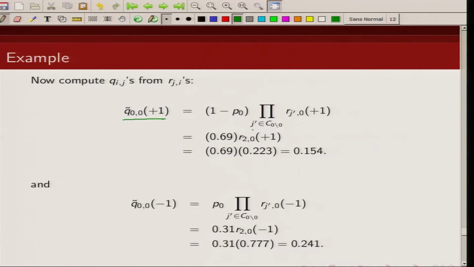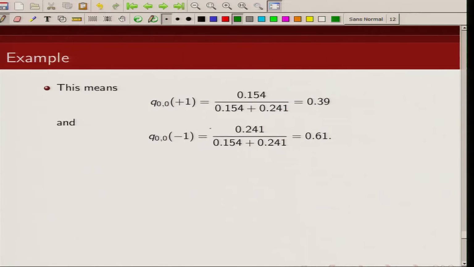So, we find the product over all those check equations other than that particular bit, and we repeat this for Qij being plus 1 and minus 1, and we can normalize these probabilities so that they sum up to 1. So, if we normalize it, these are the probabilities that we are getting, right.